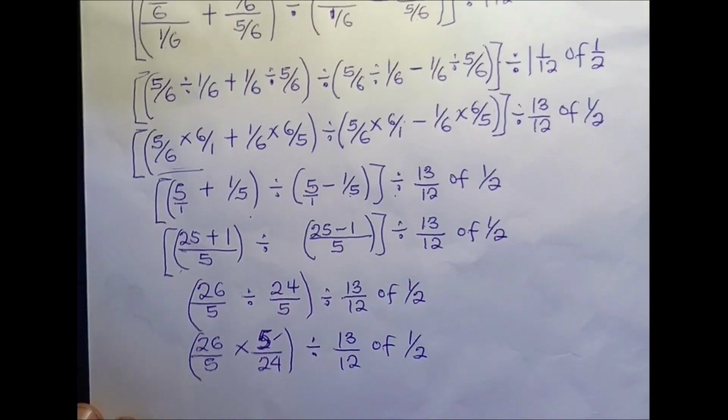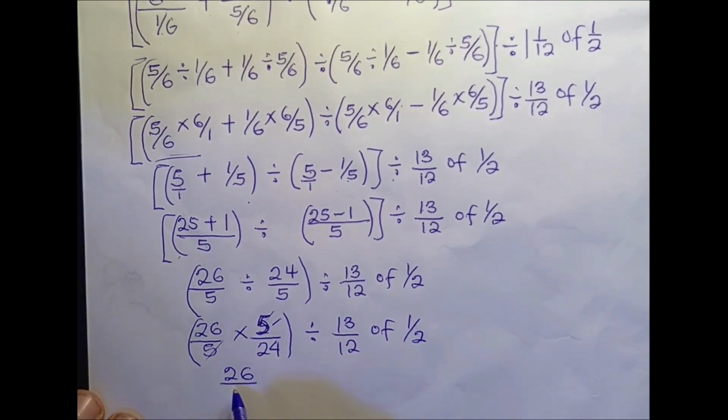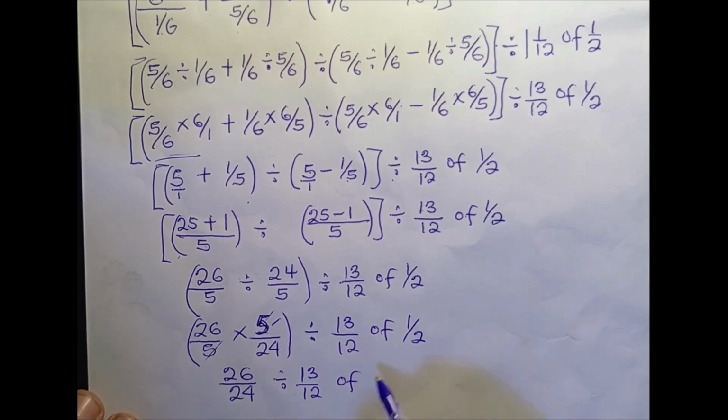Okay, so let's move on. All right, so 5 can cancel 5, and we're left with 26 over 24 divided by 13 over 12 of half.